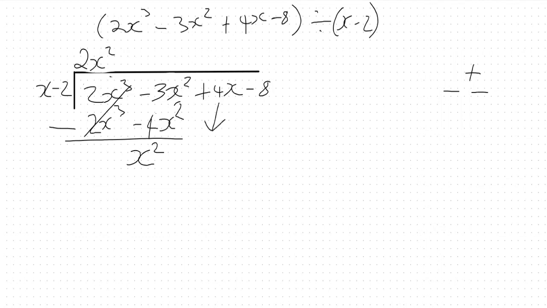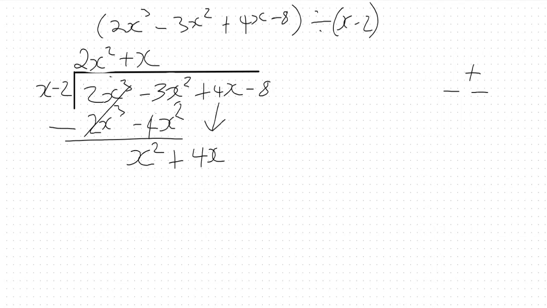We bring down the next term, we're going to have x squared plus 4x. And then we divide again by the x term. So x squared, x into x squared, one of the x's will cancel, so that will leave us with x.